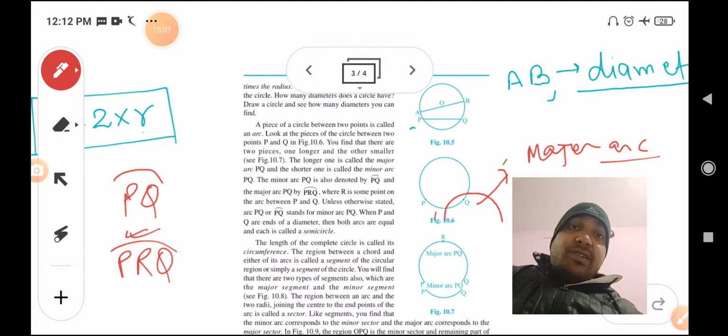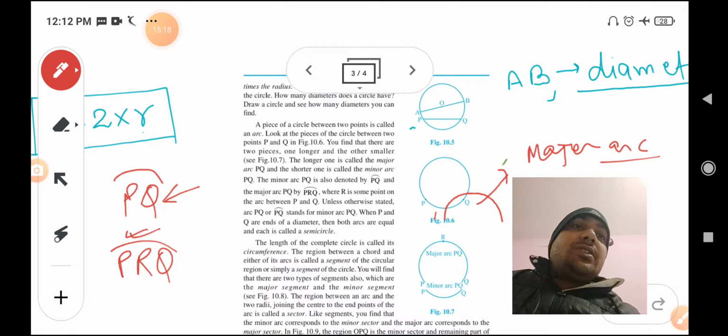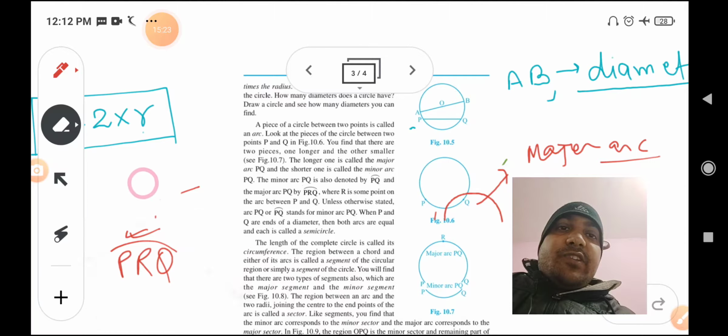When P and Q are the ends of a diameter, then both arcs are equal and each is called a semicircle. This is quite obvious.